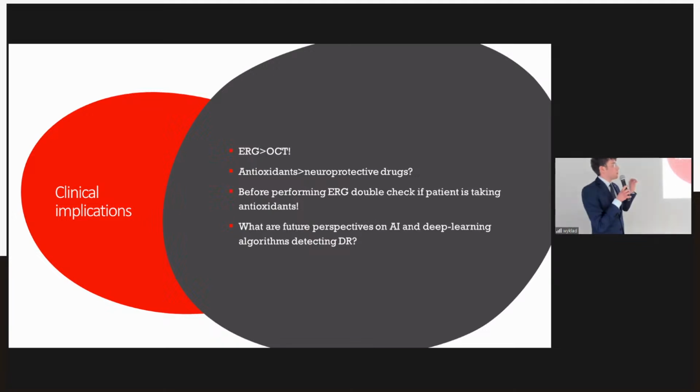And the second very, very important clinical implication is that if you want to test your patient with electroretinography for diabetic retinopathy, you should double check if he's taking some antioxidants, because if he's taking those antioxidants, they may mask the ongoing diabetic retinopathy process.